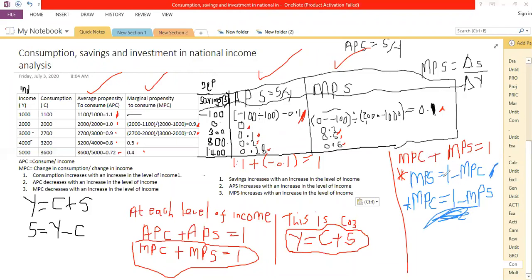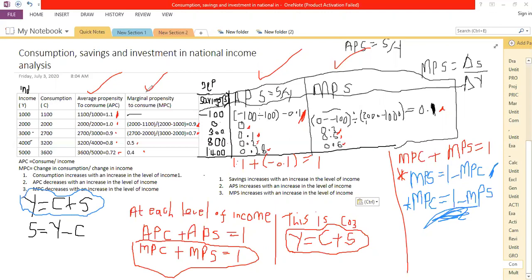Sometimes you're given one, you're told to find the other. Again, this equation is very powerful when it comes to how we spend our income. We partly consume it, and we also consider to save if there's any balance. So that is what we call the relationship between the income, consumption, and the savings.